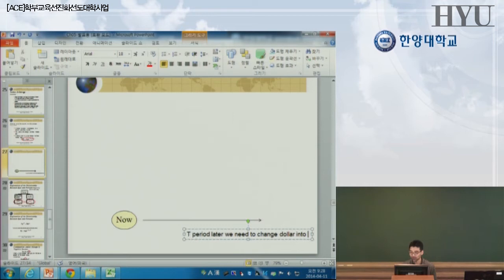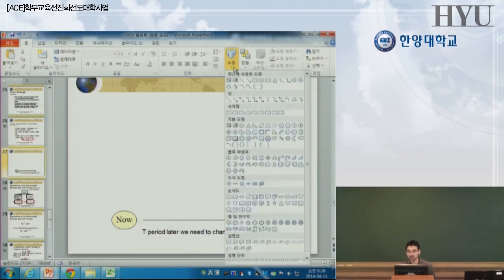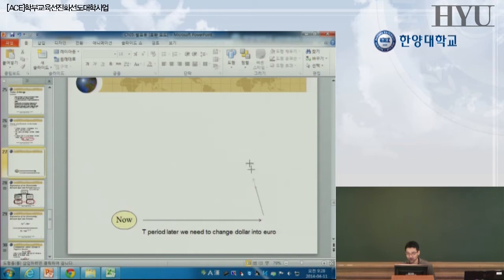That's our goal. T period later, we change this one into the euro. So now we have euro.